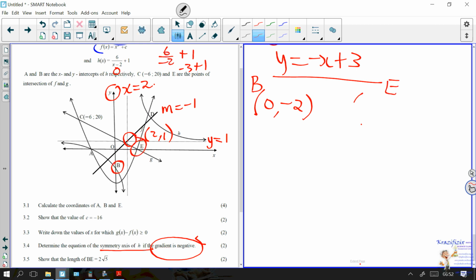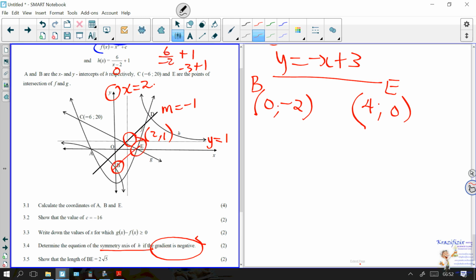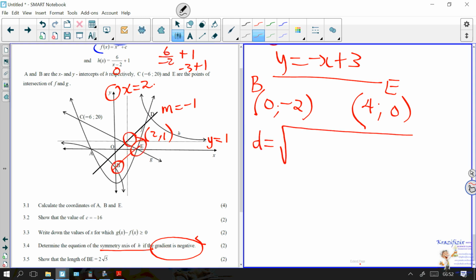And what is the coordinate of E? The coordinate of E, x is 4 and y is 0. Distance of BE. How do I find the distance of BE? Okay, there are quite a few ways. You can use your distance formula: square root of x2 minus x1 squared plus y2 minus y1 squared. That's just one way in case a learner wants to find something they are comfortable with.